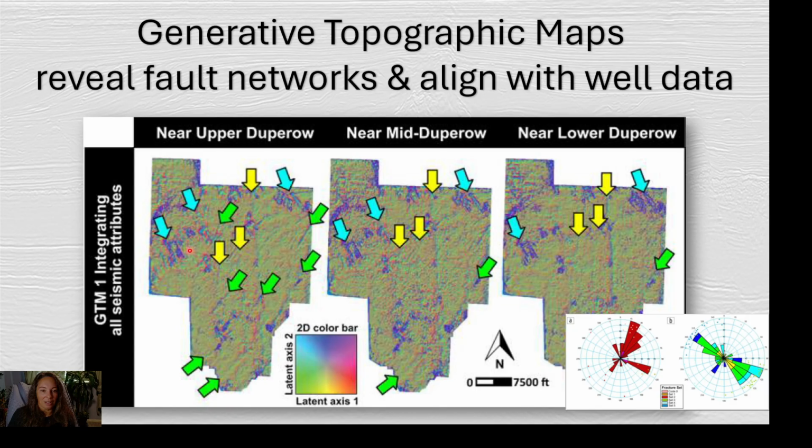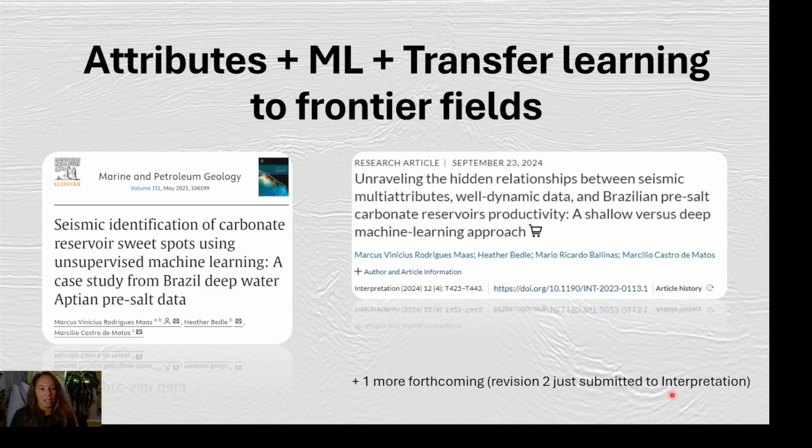So you can see a lot of those lineations that were apparent in some of the attributes, but not all of them, show up very clearly. And they also kind of agree with the stress regimes and what's known from well data in the Kevin Dome area.